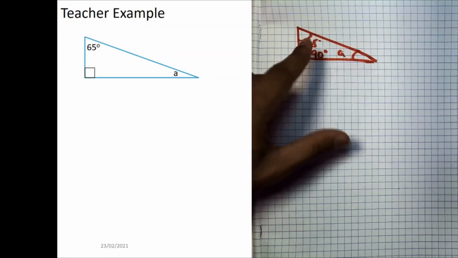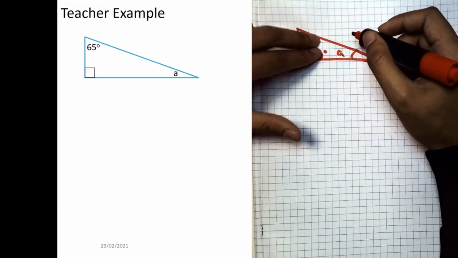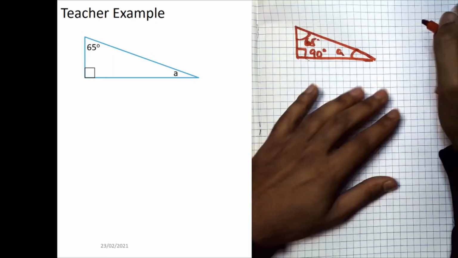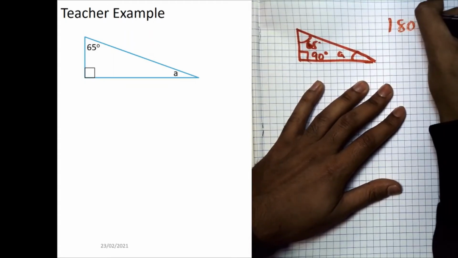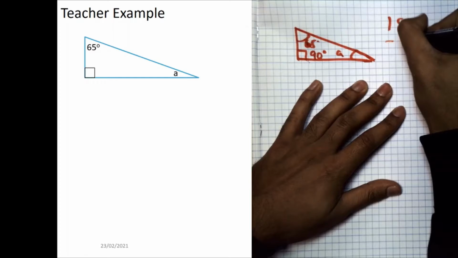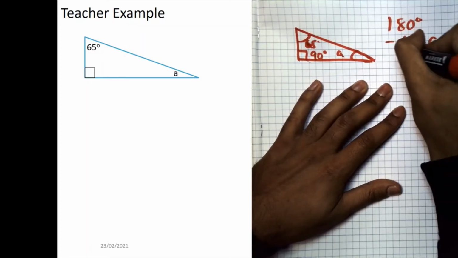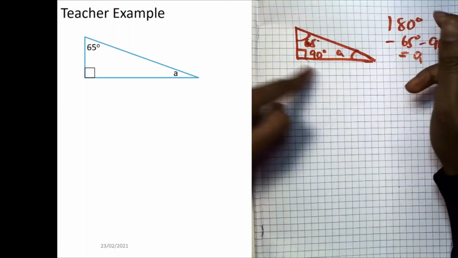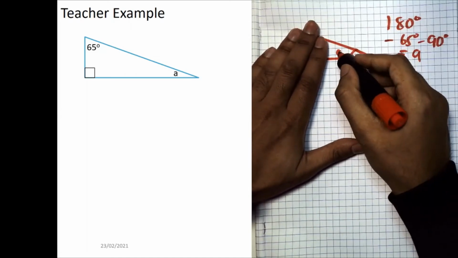If I were to take away this 90 and take away this 65, you can see that the only angle I'm left with in this triangle is this A. So what I essentially want to do is take the total 180 degrees, take away 65 degrees and take away 90 degrees. And that would give me my angle A.